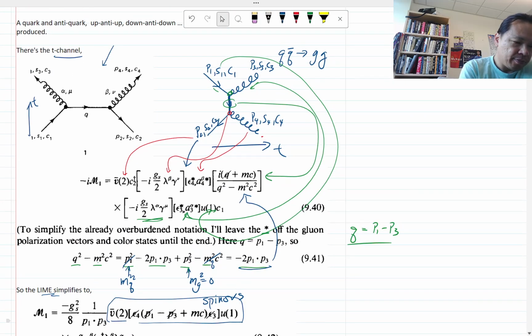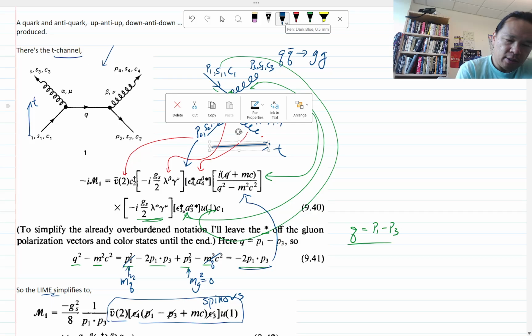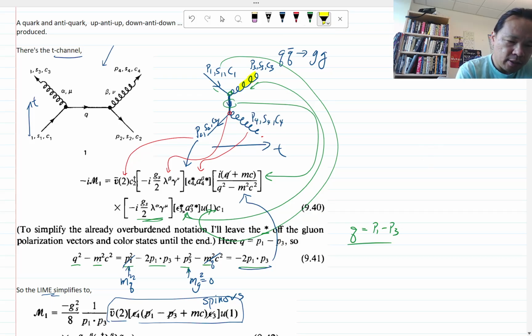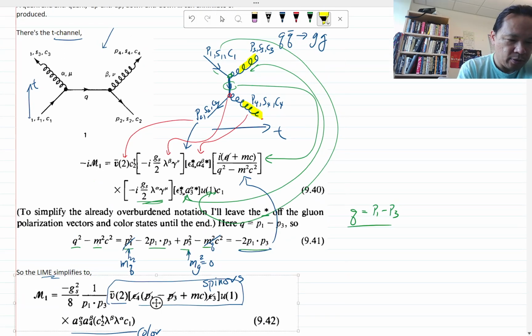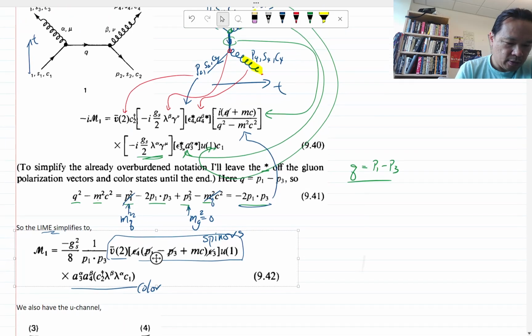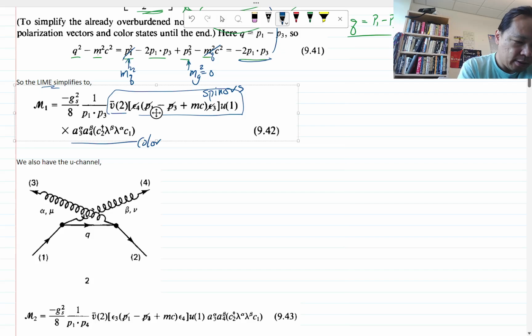Since the gluons coming out on the right-hand side here are identical particles, we will have a U channel where we swap, where we have the crossed outgoing particle instead. So a gluon will go out the other way, and then let's see what this diagram looks like. Okay. So for the U channel, once again, with the time going up, I'll translate this to the Thomson convention.